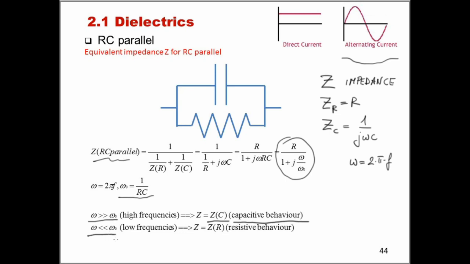When though the angular frequency is much smaller than the characteristic frequency omega 0, that means in other words that we are at low frequencies, then the total impedance is actually equivalent to the resistance, and so effectively our real capacitor has a resistive behavior. It's not a capacitor anymore. So this is very interesting and very important, especially when someone has to use a real capacitor to design some application.